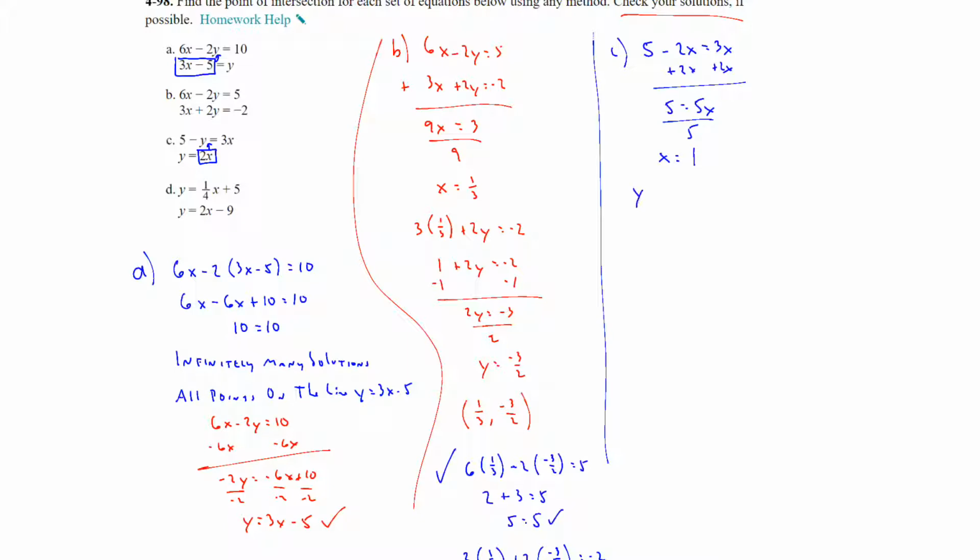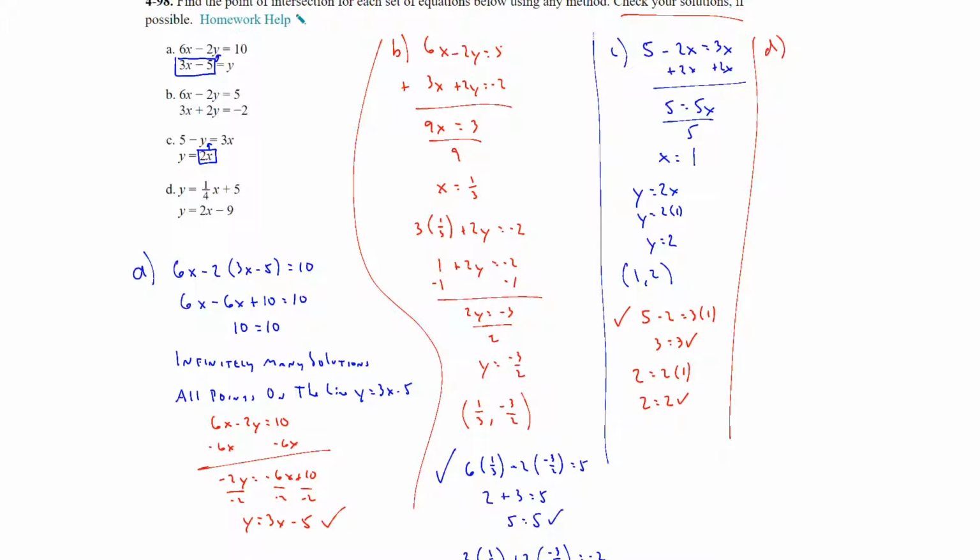Plug that back into the equation y equals 2x. And that'll be y equals 2 times 1. So y is 2. So our solution is 1 comma 2, and we will plug those both back in and check to see that the solution is correct. And so you can see the check below, and it does check out. So therefore the solution 1 comma 2 is correct.